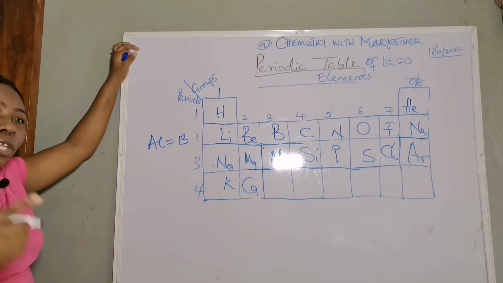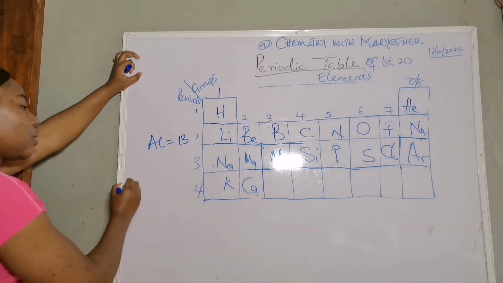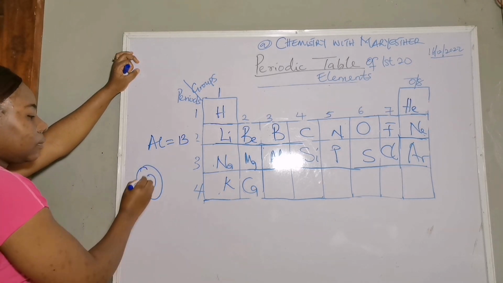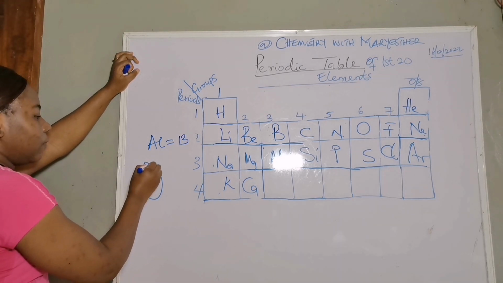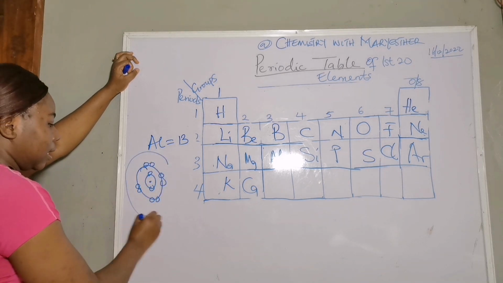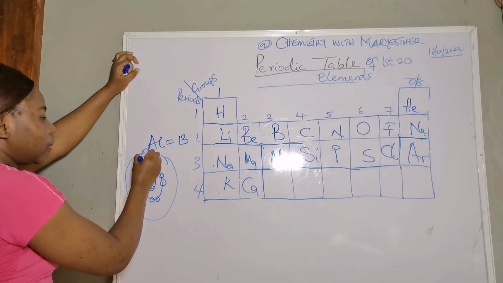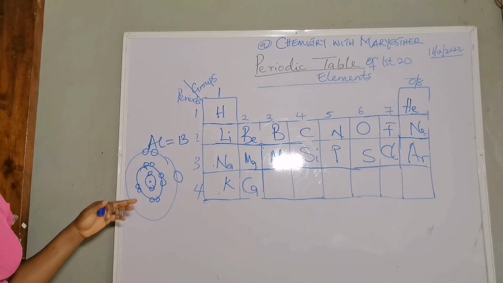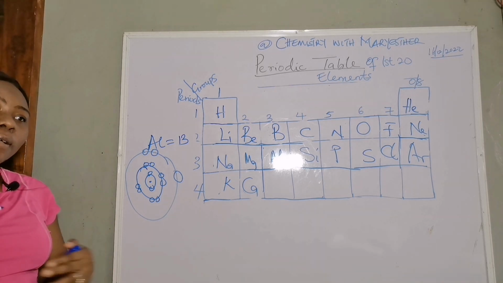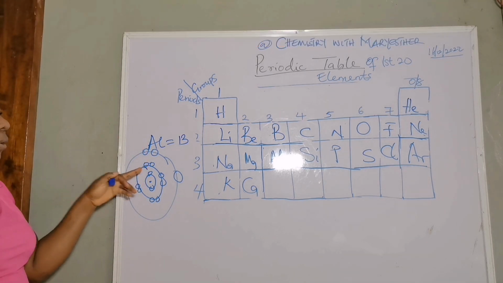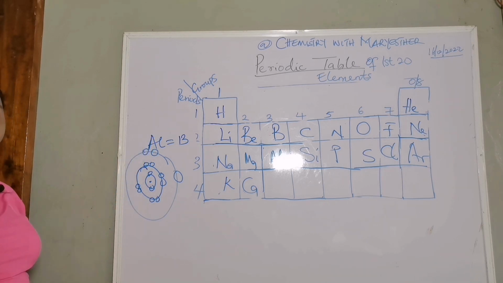What is the configuration? The simple method is always with representations like this. 1, 2, 3, 4, 5, 6, 7, 8, 9, 10, 11, 12, 13. Because innermost shell should contain maximum of 2, outermost maximum of 8. But with this method now, it is very simple to tell the period and the group aluminium will belong to.